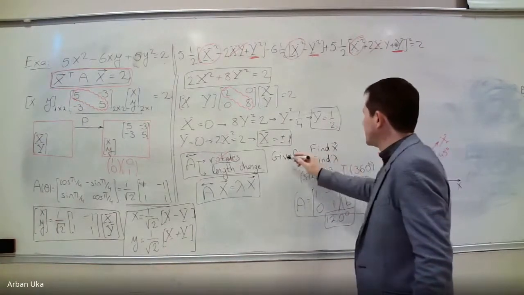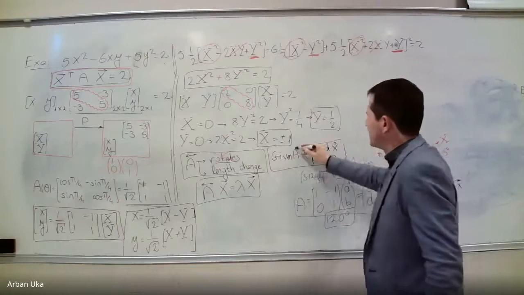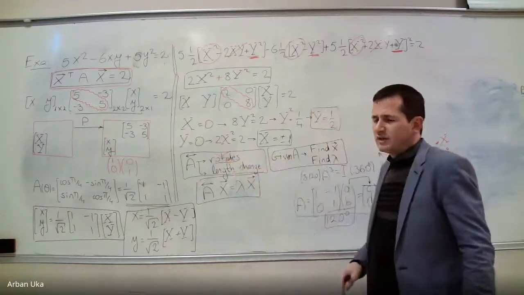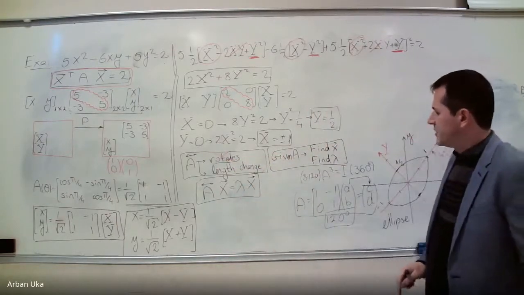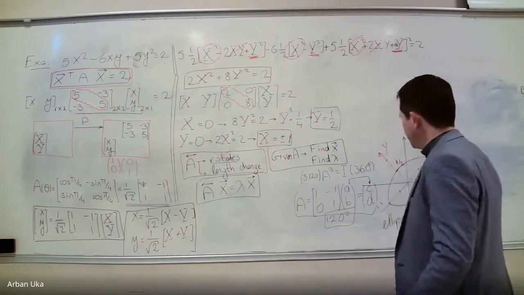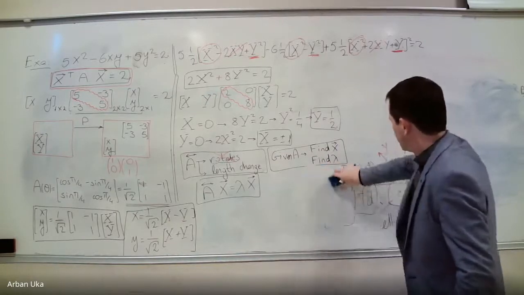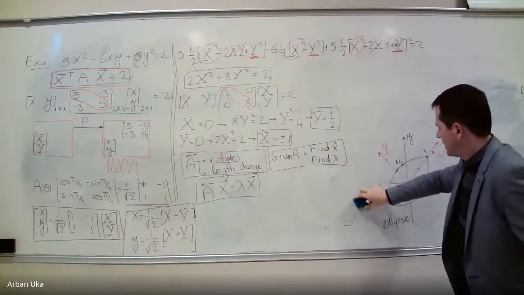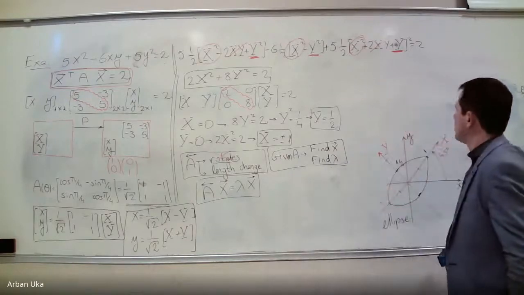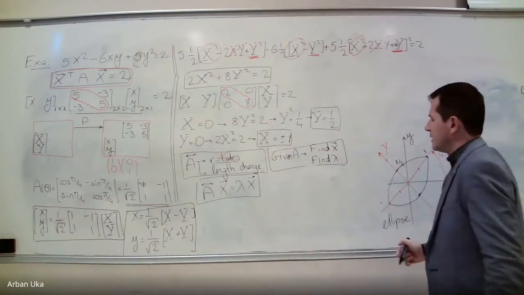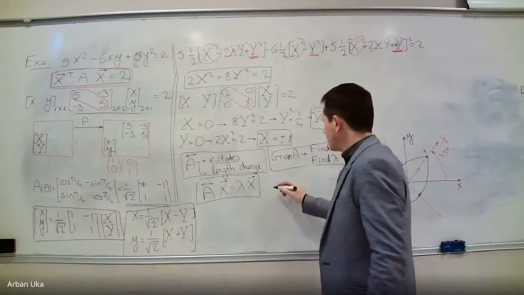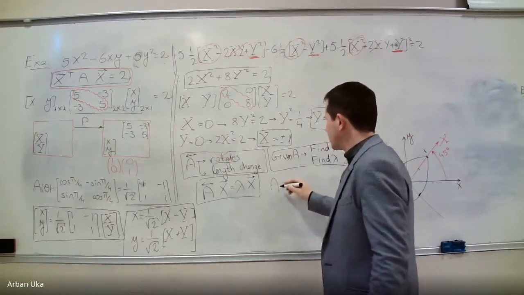But find x such that what? Find x such that A cannot rotate it. And then let's see how we can solve this problem. This was a reminder from last week's assignment. So how can we come up with a vector which does not rotate? Let's look for the solution.